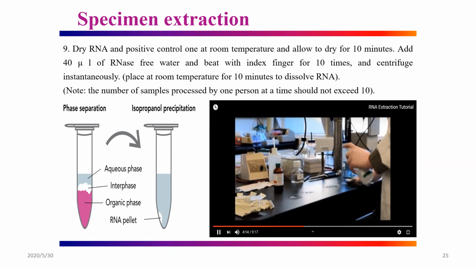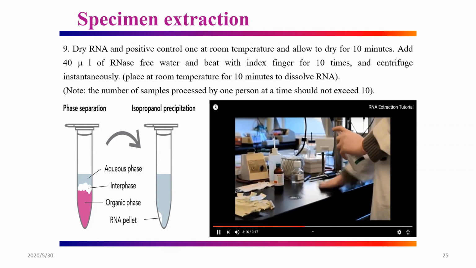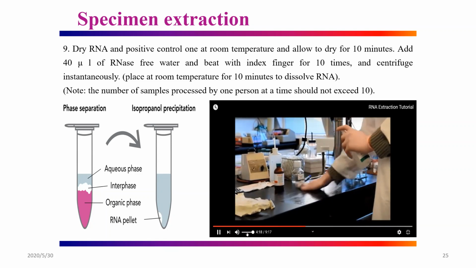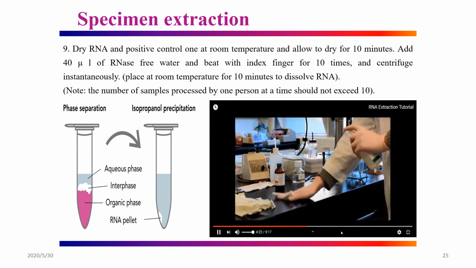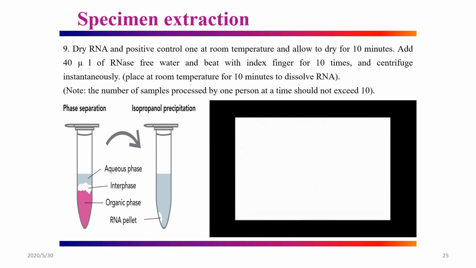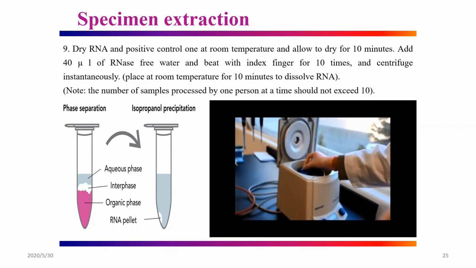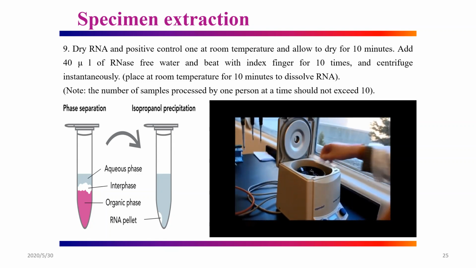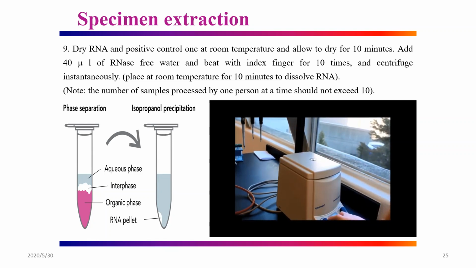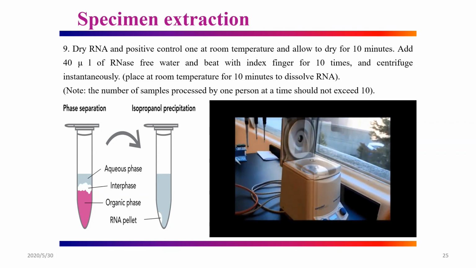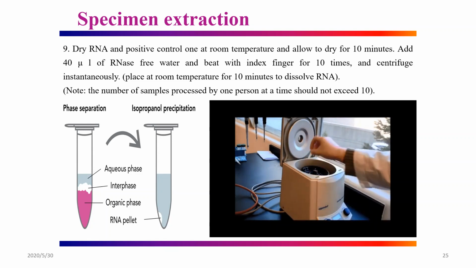Before starting, make sure your working area is cleaned with RNA Zap. The first step is the homogenization step. Pellet all the bacterial cells growing overnight by centrifuging at 12,000 G for 2 minutes.